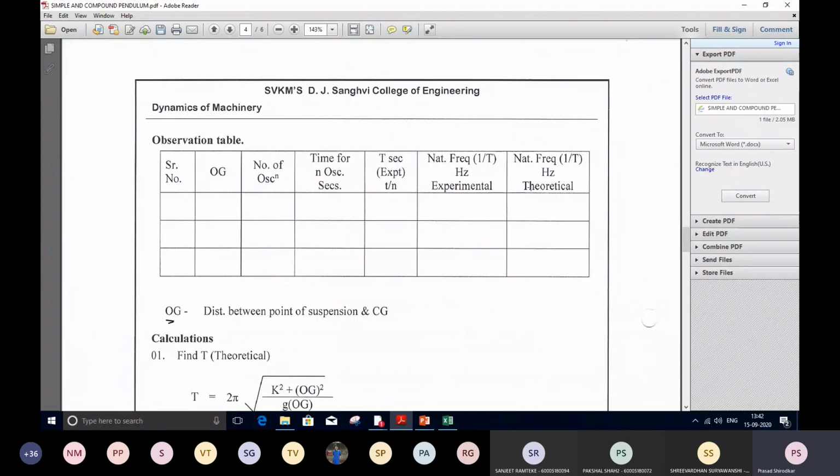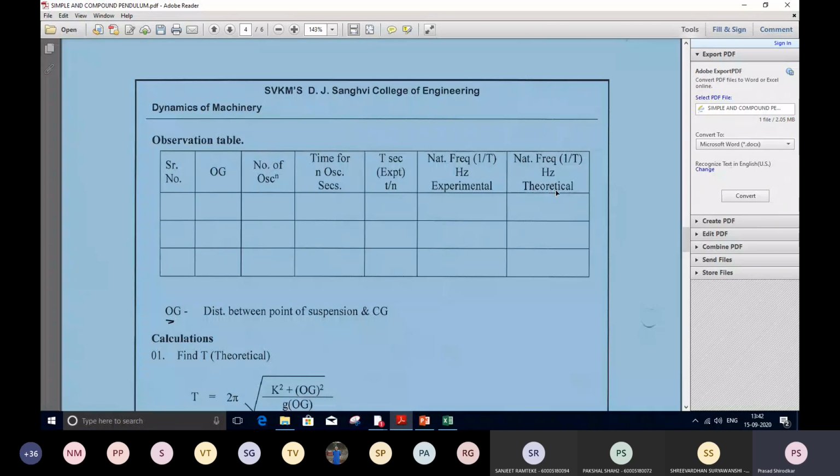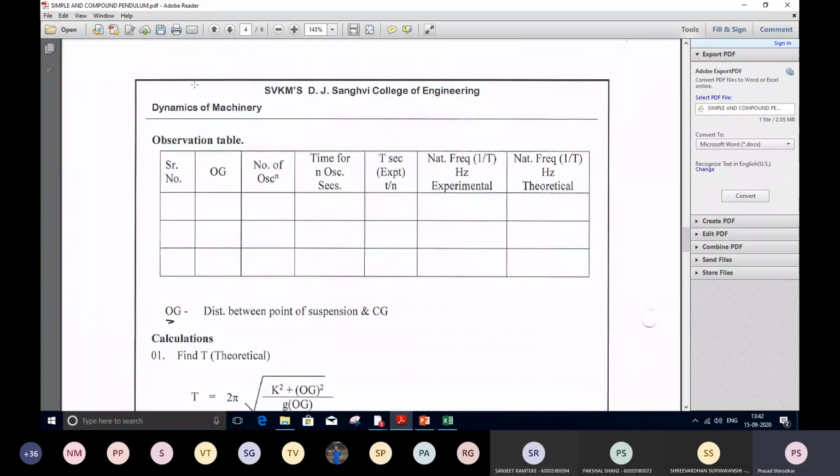All right, in this we are going to do the theoretical natural frequency part now.